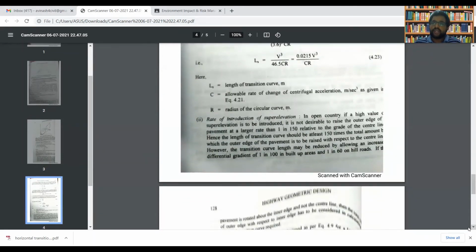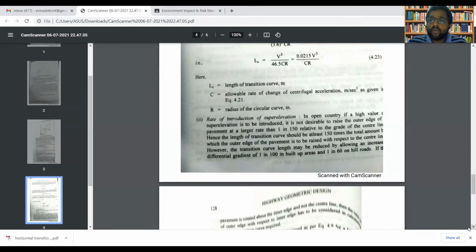Another way in which you can decide the length of transition curve is by the rate of introduction of super elevation. First one was the rate of change of centrifugal acceleration, and the second method is how the super elevation is introduced, or what is the rate of change in the introduction of super elevation.